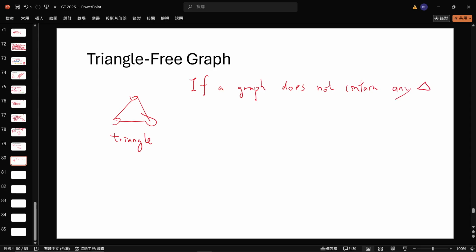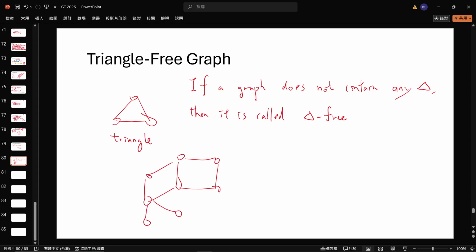So I just draw a triangle like this. Let me give you some examples. This is a triangle-free graph, and this is not.